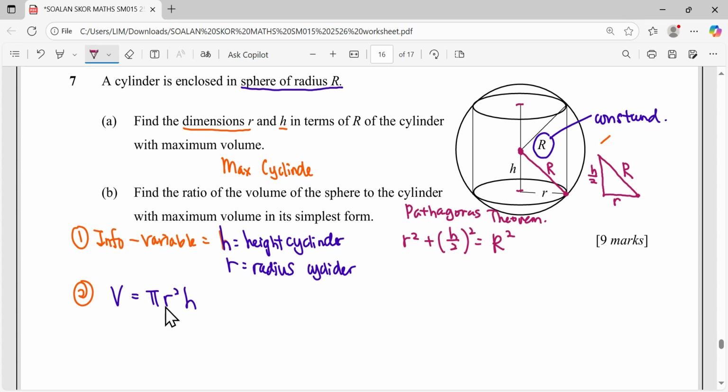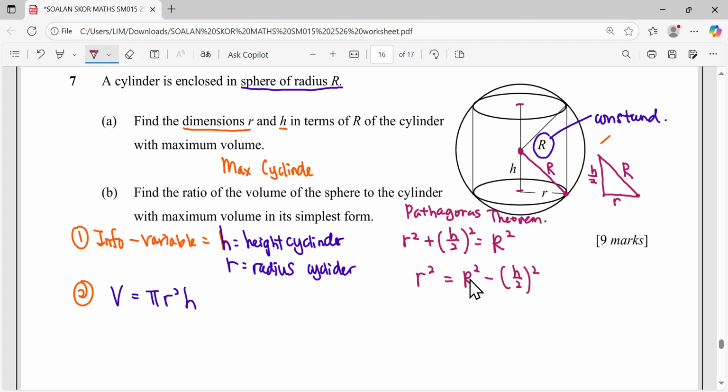Then you look at the equation. Are you going to substitute r or h? If you want to substitute r, we have it ready made because r square equals the radius of the sphere squared minus h over 2 squared.